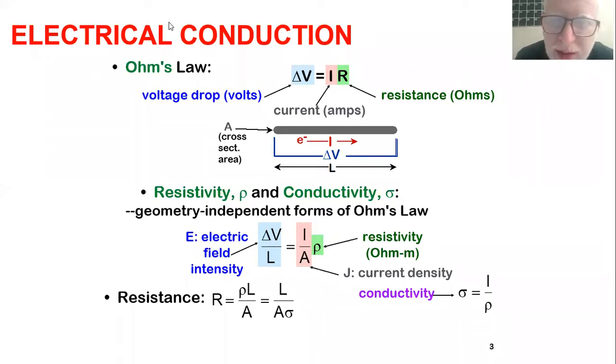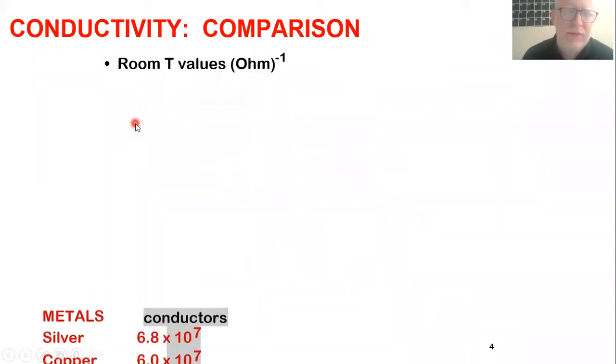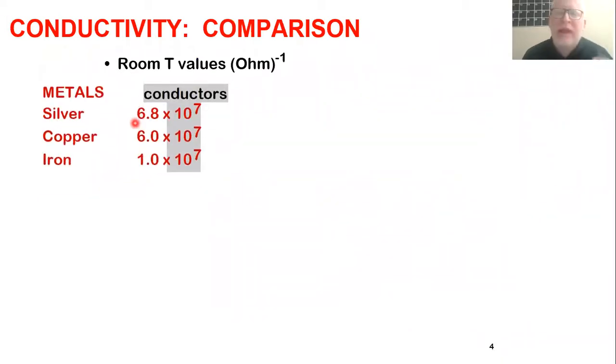Now, if we did such an experiment, we will find something like this. We will find that we have some materials, like silver, copper, iron, aluminium, and some others, with a relatively high conductivity, in terms of something times 10 power 7, or 10 power 6, or maybe 10 power 8.